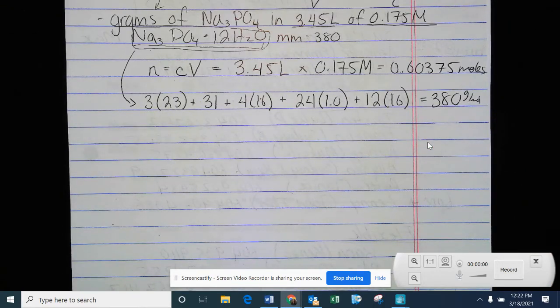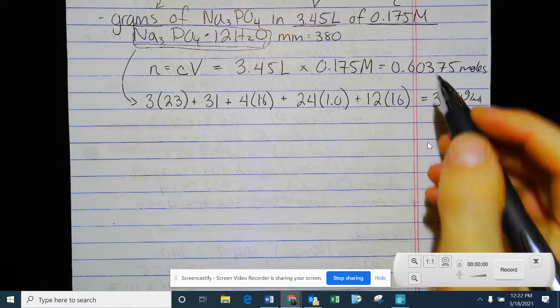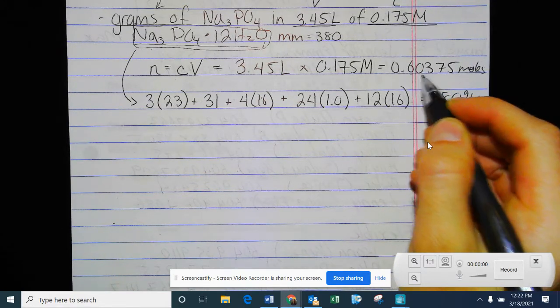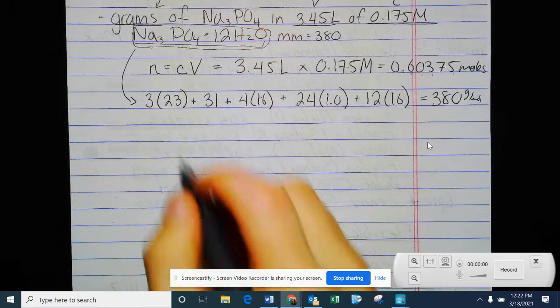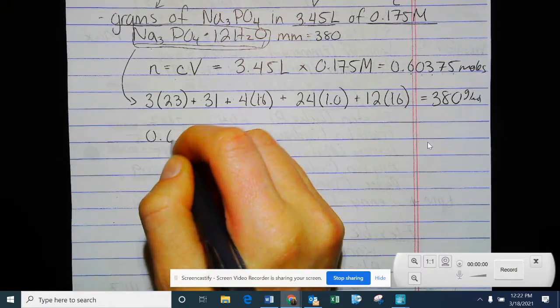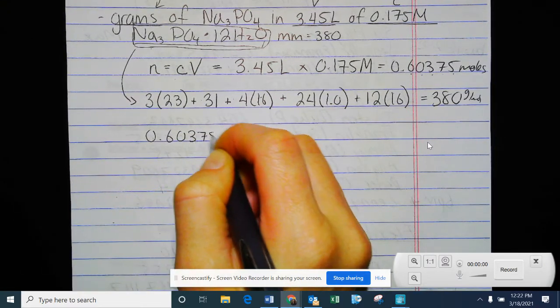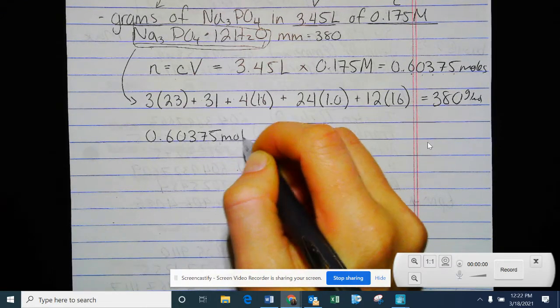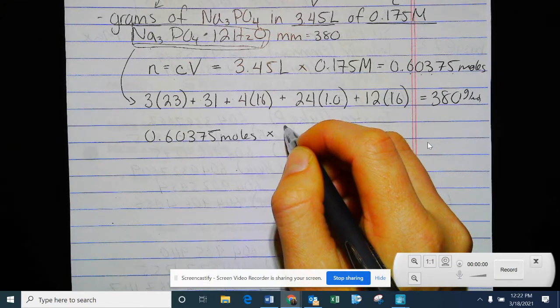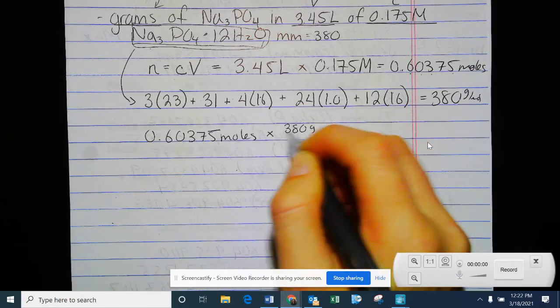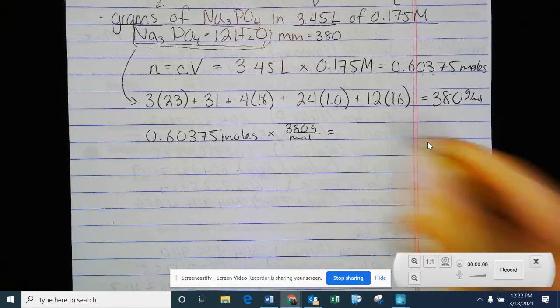All right, so now I have 0.60375 moles of this molecule, which is 380 grams per mole. So I'm just going to multiply grams per mole.